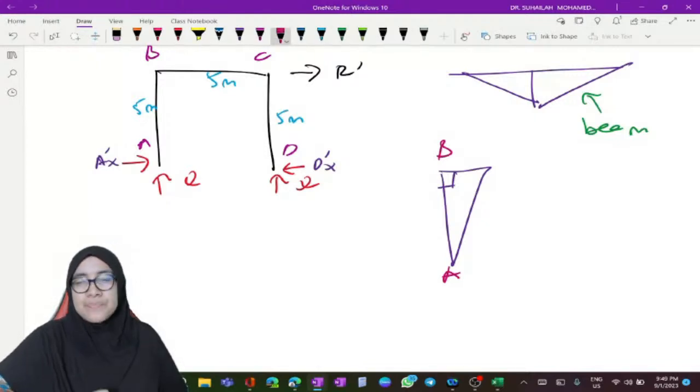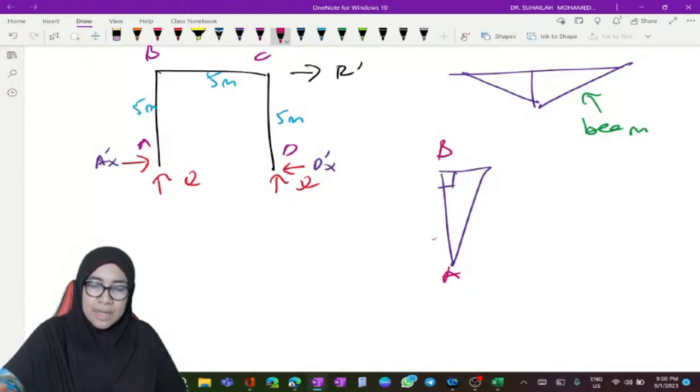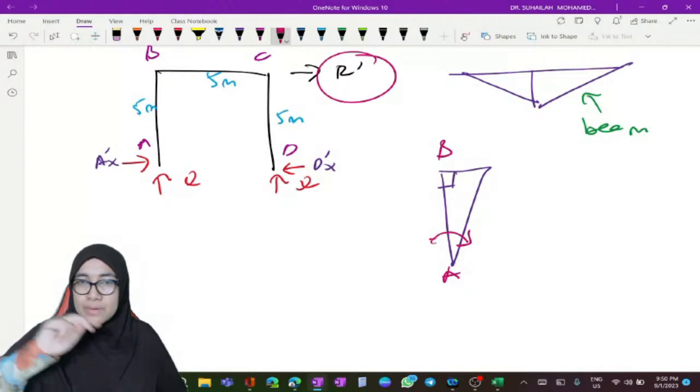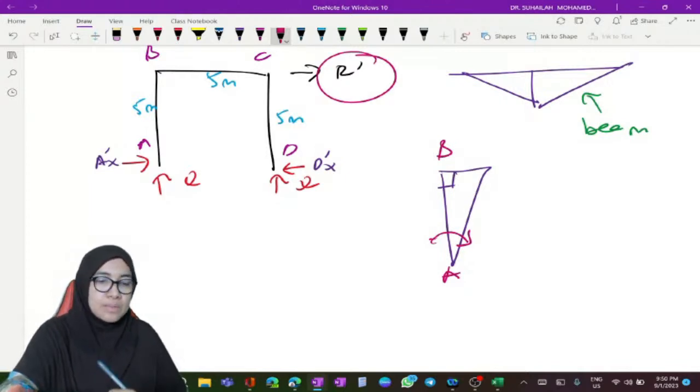Due to Sidesway, the column tends to move to a new position. Because R prime is located going to the right direction, the delta will be like this. This is the delta.